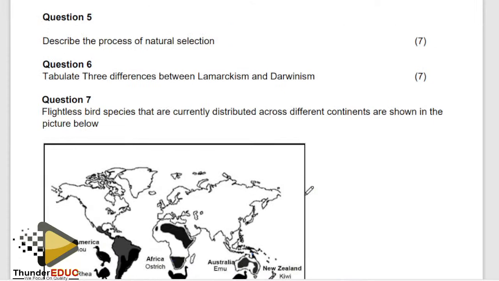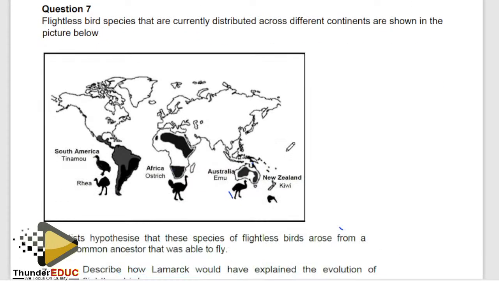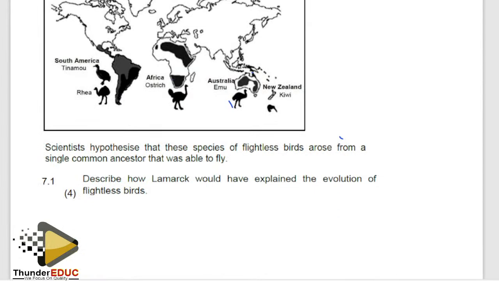But remember, they say that flightless birds are currently distributed across this area. Now, if they had a common ancestor, let me check the question you said: a common high-flying small ancestral bird.